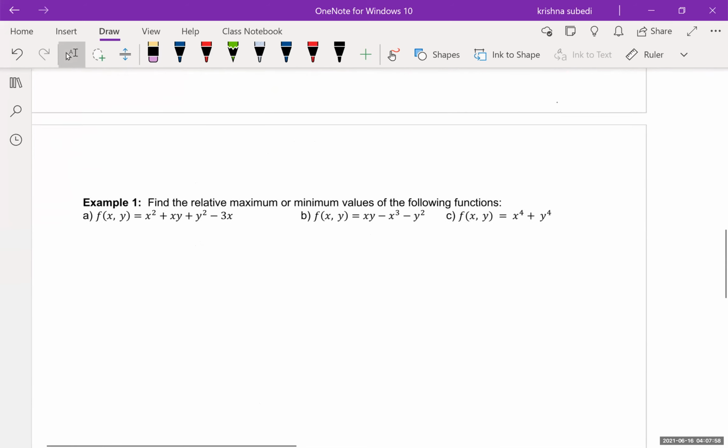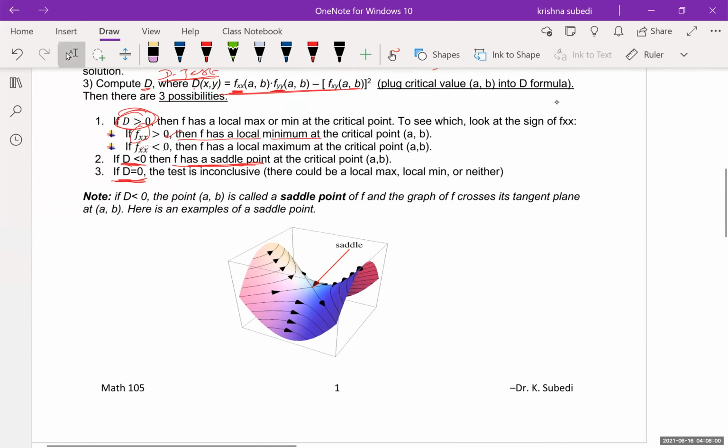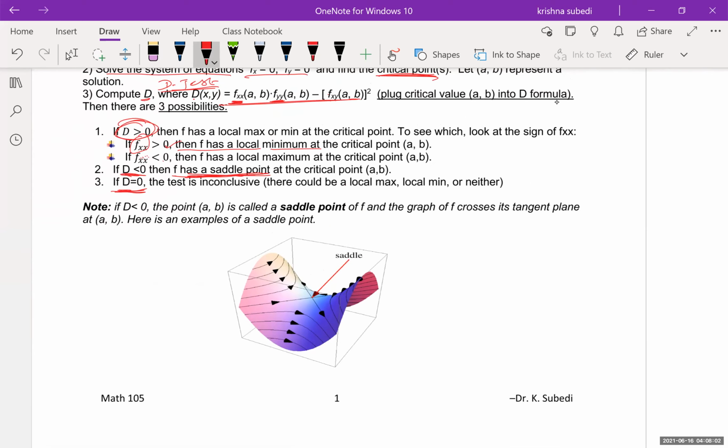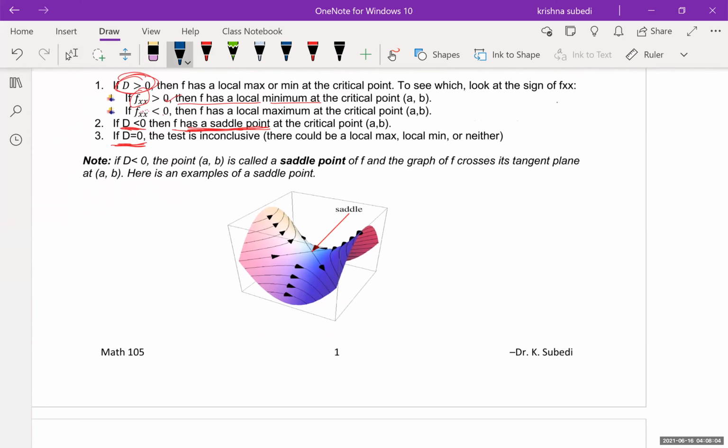Now let us talk about the saddle point. What is the saddle point? The saddle point is something like this. Look at this point in the graph. If you look at this point from that perspective, this is the bottom of the parabola, which means it is a minimum, right?